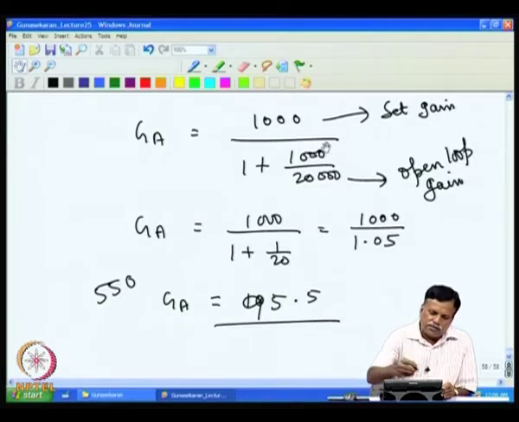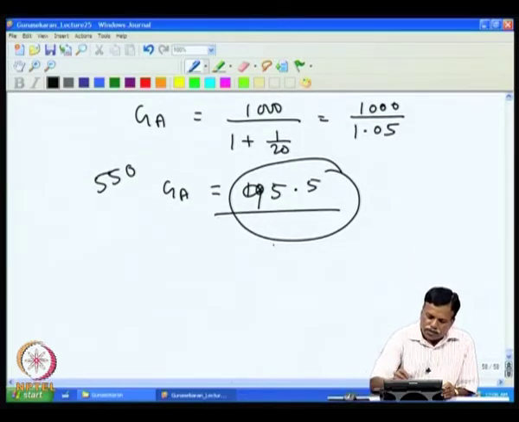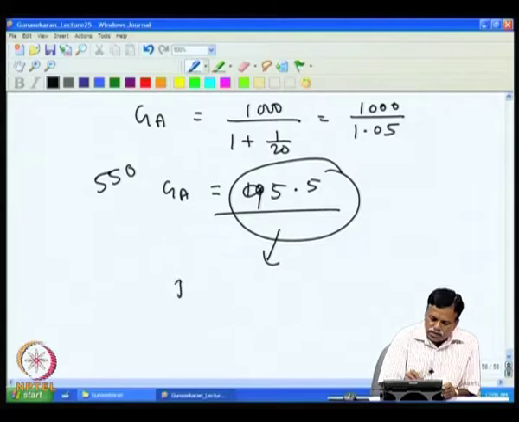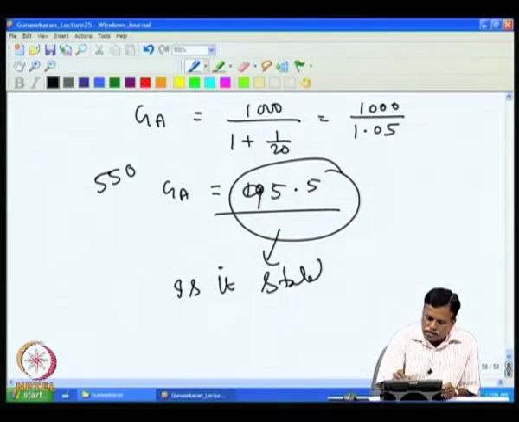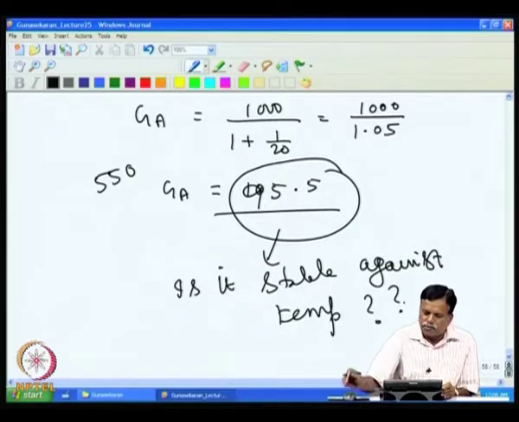But the question is whether this gain of 95 is constant, is it steady? Is it stable against temperature?